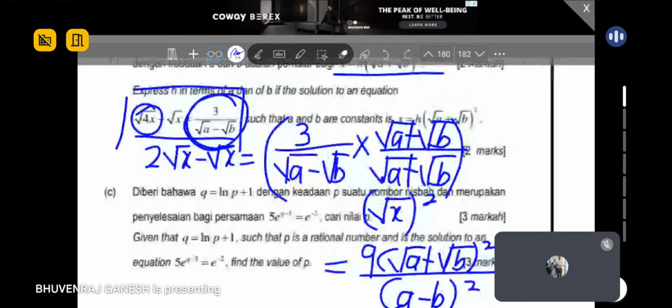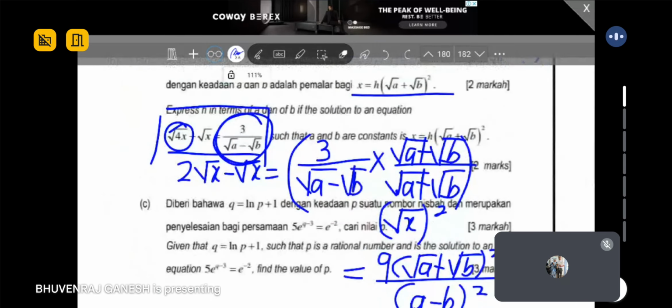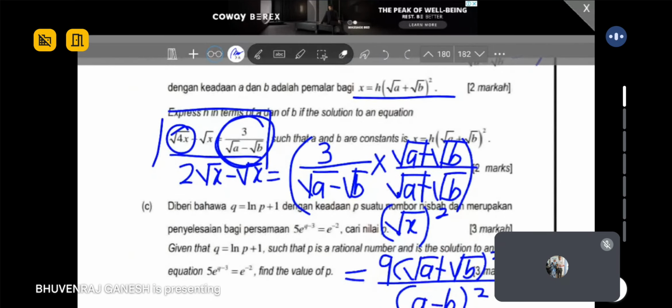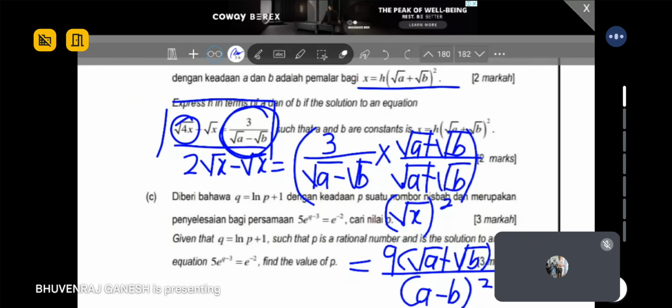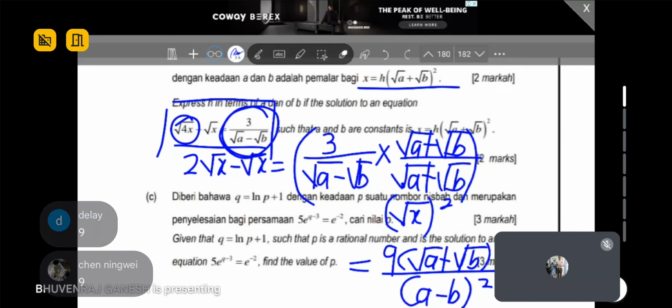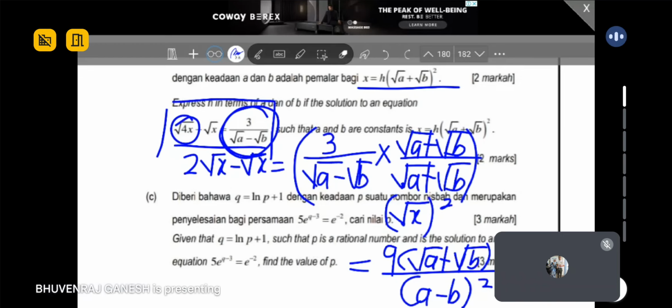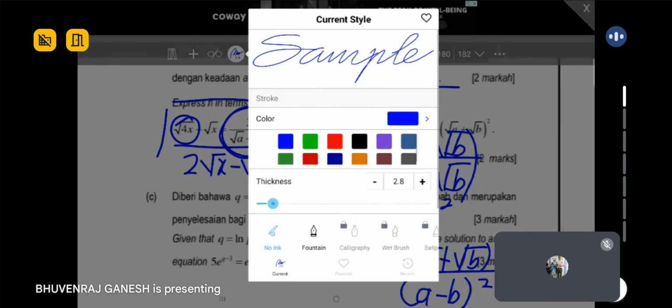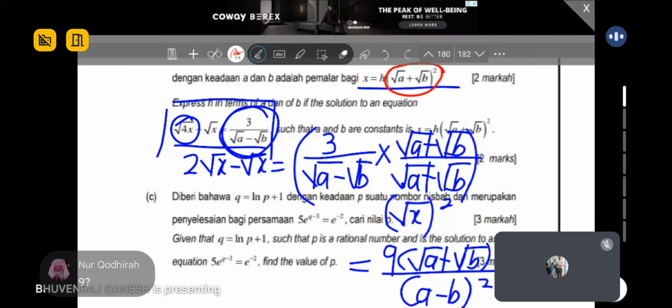So what is your H value, guys? If you compare these two equations, what is your H? They ask you to express H in terms of A and B. Careful, guys. Is it only 9? Refer to the question carefully. They give you surd A plus surd B squared over here.